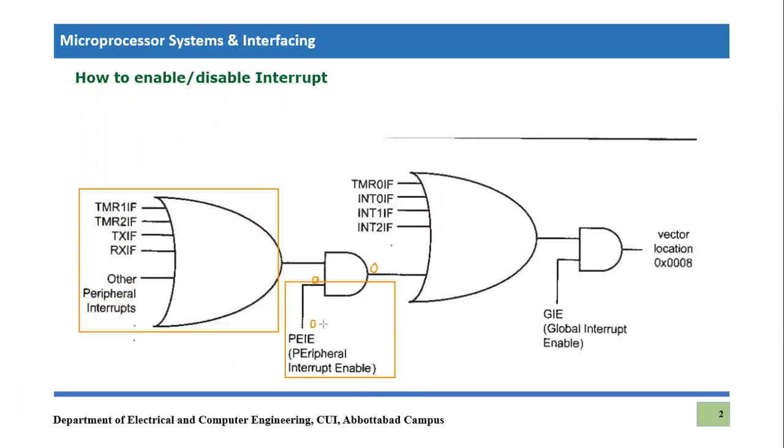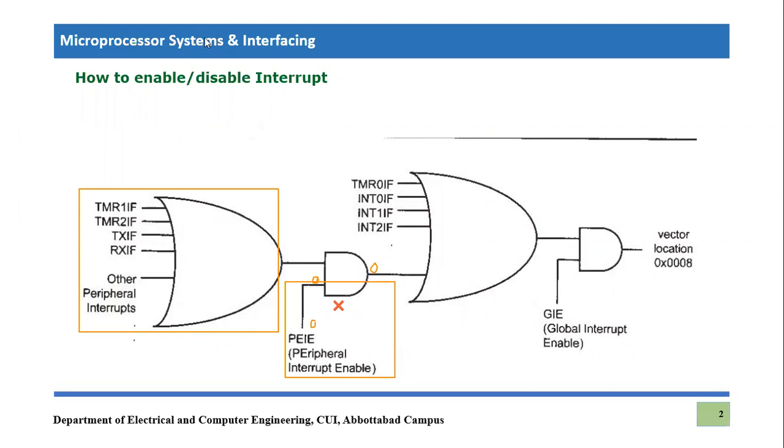If this gate is disabled, and you disable it by placing 0 here, then the notification of these interrupts won't go to the main output.